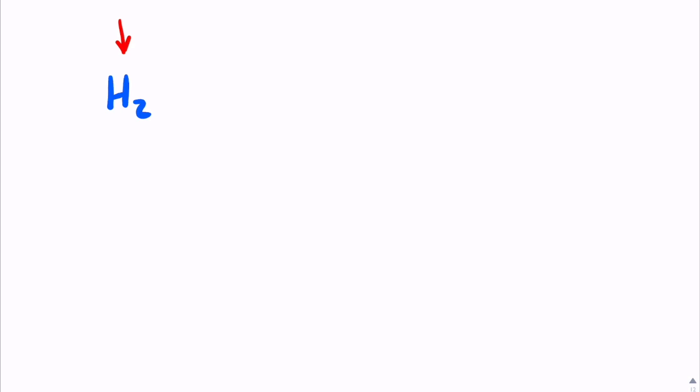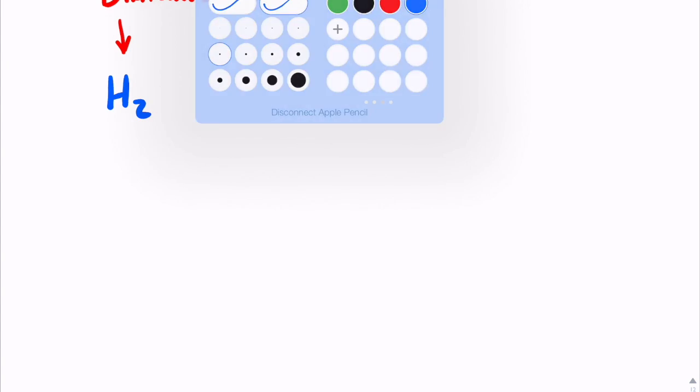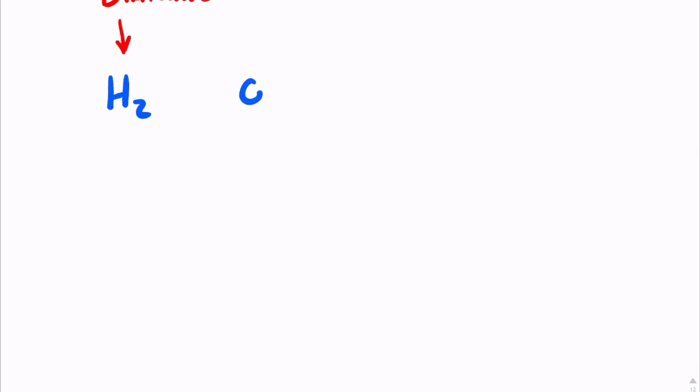So hydrogen is like that person that's never without somebody else. Hydrogen is one of our diatomic elements. You're never going to see it by itself. On the periodic table that I gave you, I list out the 7 diatomic elements.